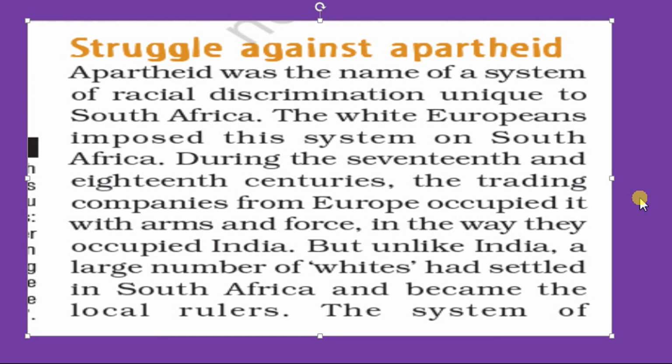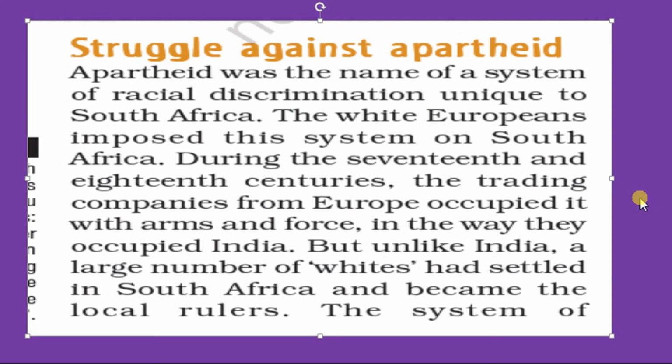So during the 17th and 18th centuries, a restriction was imposed by whom? By white Europeans on South Africa. During the 17th and 18th centuries, the trading companies from Europe occupied with arms and forces, the way they occupied India.